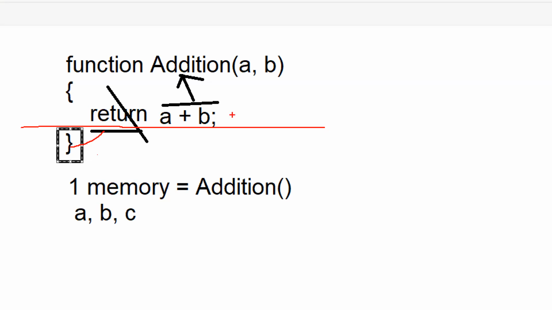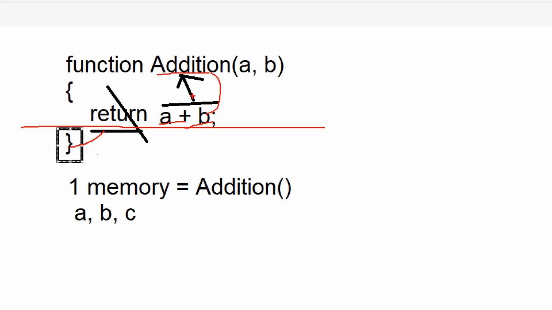Now in that memory, we can store this data. Whatever performed A plus B can be stored in addition. That means addition will work as a variable and as a function. It will perform the functionality, and after that, it will store the result.